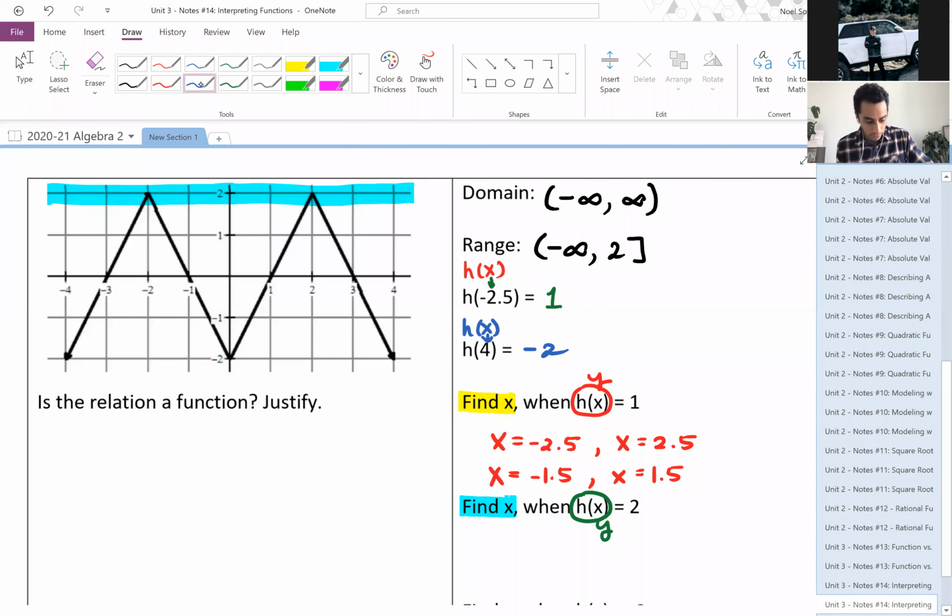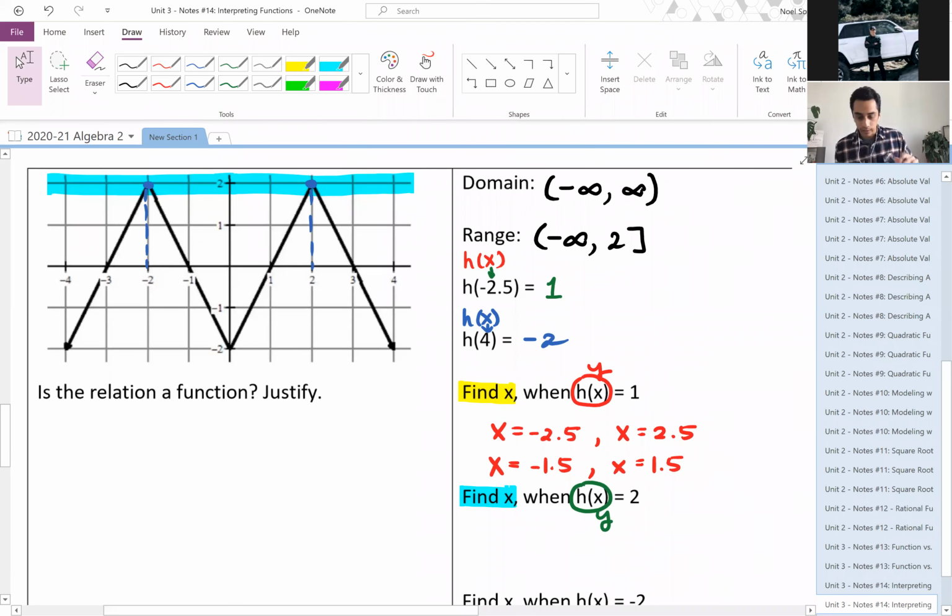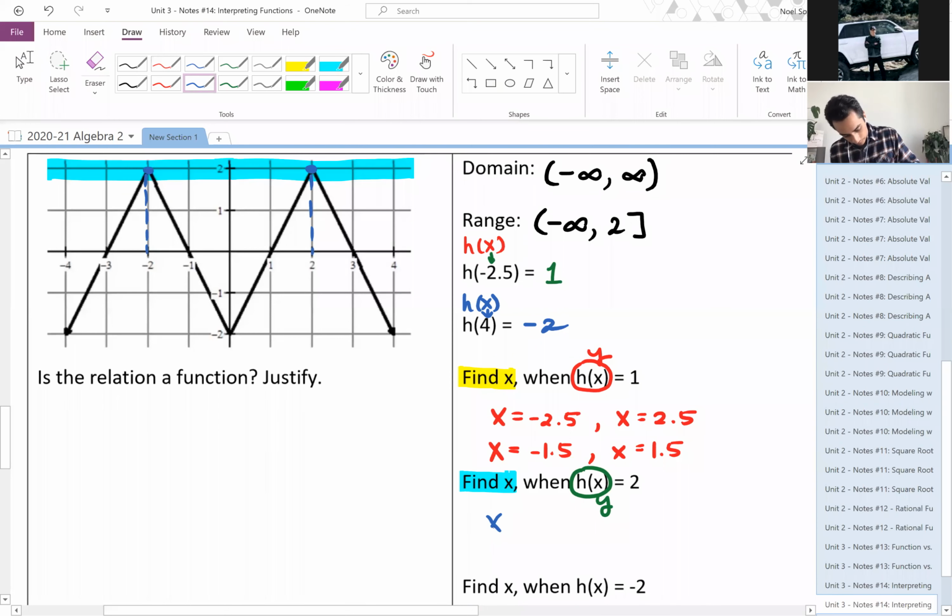I notice there's a couple of intersections. I see it here, and I also see it here. If I go down, what are the x values? Yeah, you want to list both of them. So we have x is equal to -2 and x is equal to 2.